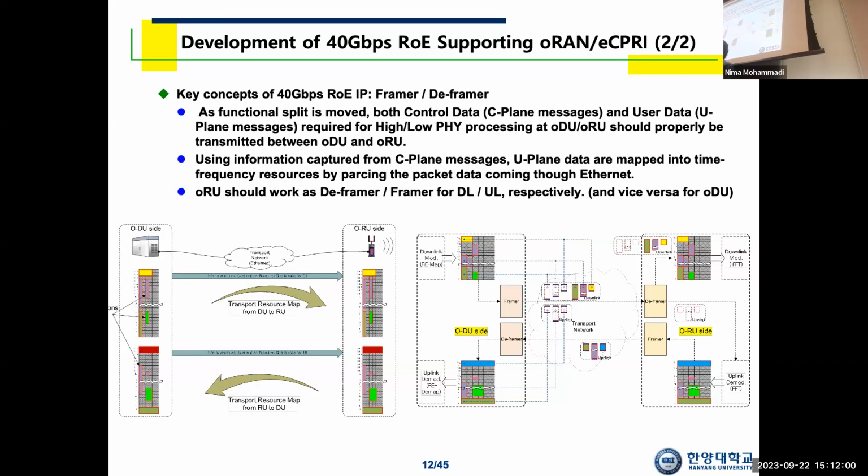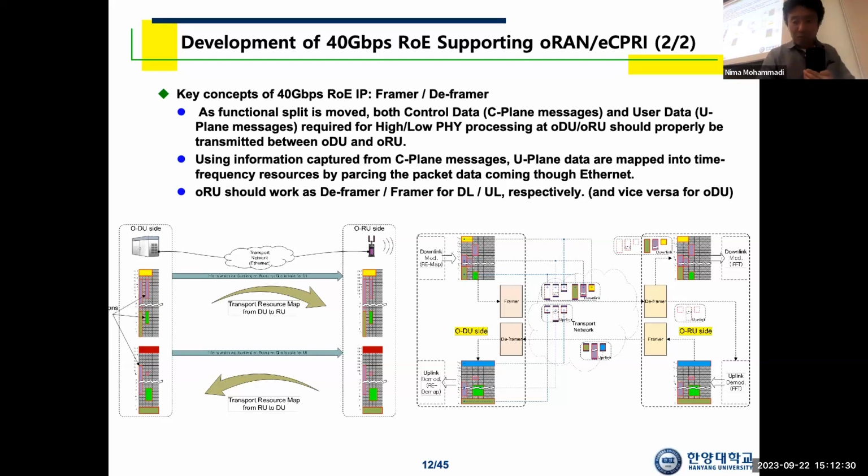So the transmitter performs the framing procedure and the receiver receives the packet, then he has to remap this packet value back to original OFDM sample positions. Okay? So framing and deframing are performed at transmitter and receiver respectively. Okay? Transmitter is ODU and receiver is ORU for downlink and the other way around for uplink.